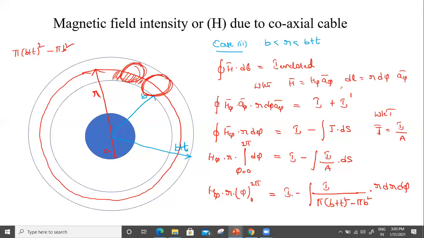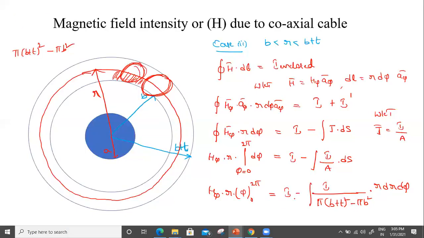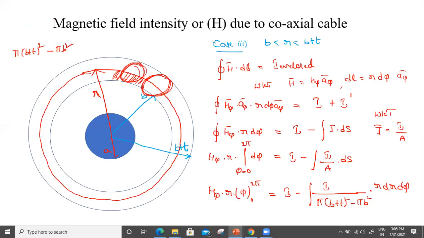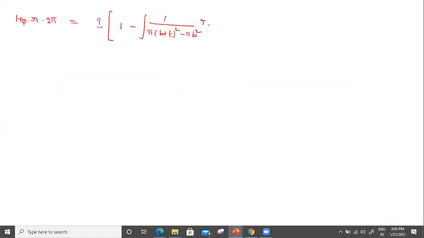Equals, here let me take the common I. If you take I common, 1 minus integral of 1 by pi of b plus t square minus pi b square into dS. dS means dr d phi.